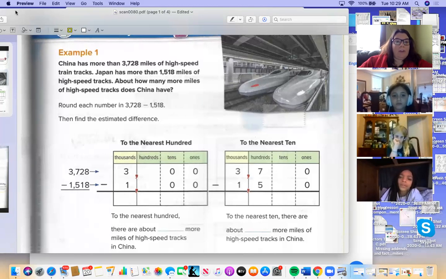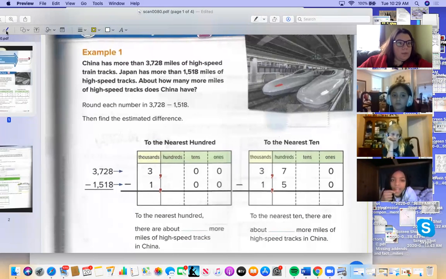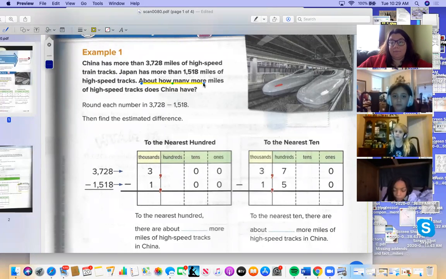So there was that magic phrase, about how many. In this case, it says about how many more. That how many more tells us we are going to subtract.